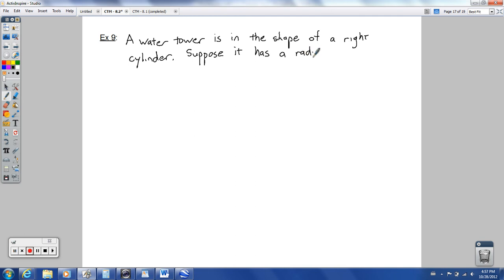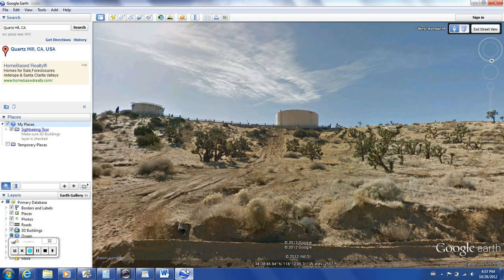radius of 5 meters and a height of, I don't think it's actually this tall, but I'm going to pretend like it's taller than it is, 22 meters. I look at that, I don't think that's quite 22 meters, but maybe it's 5 meters for the radius.